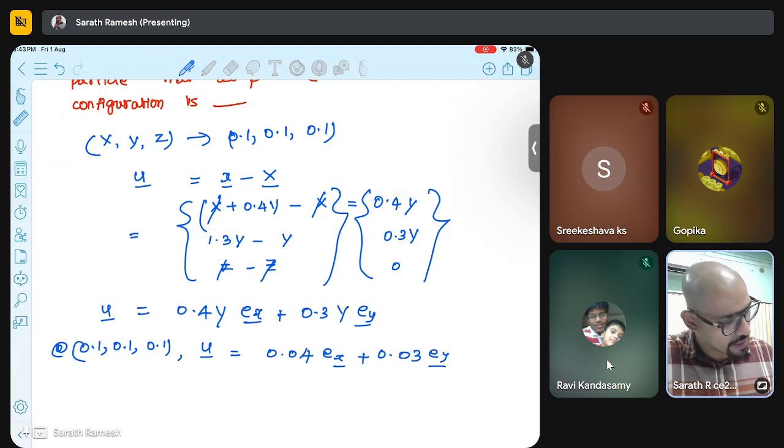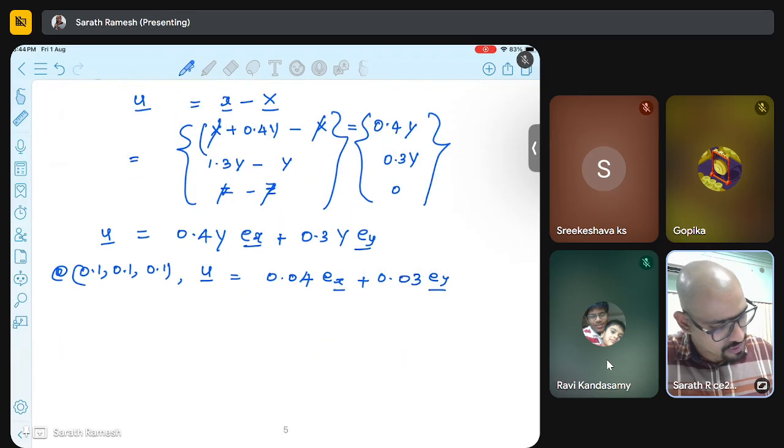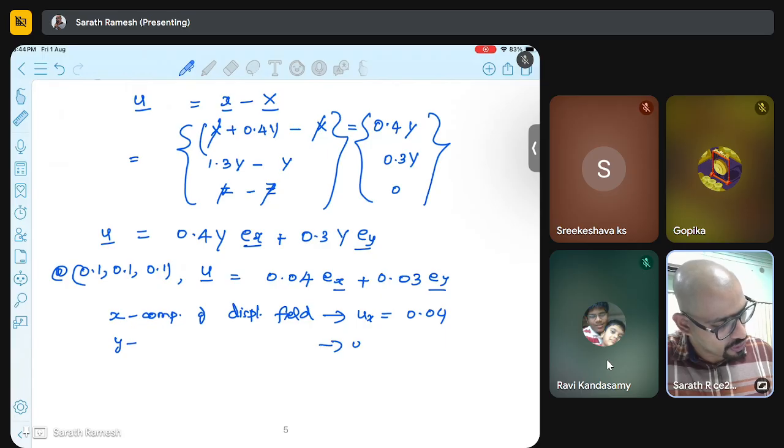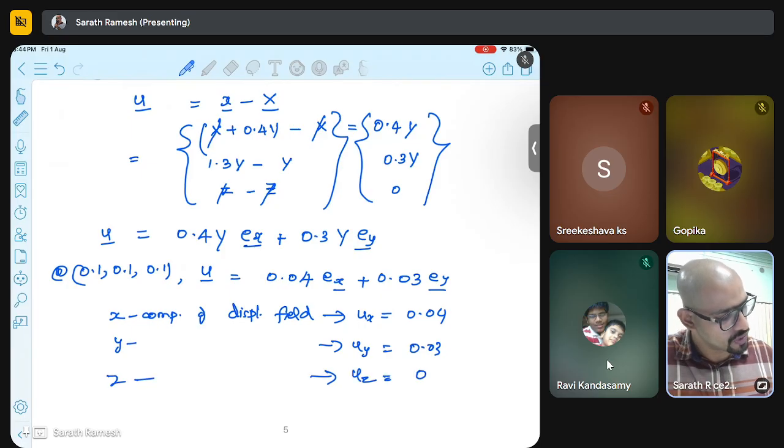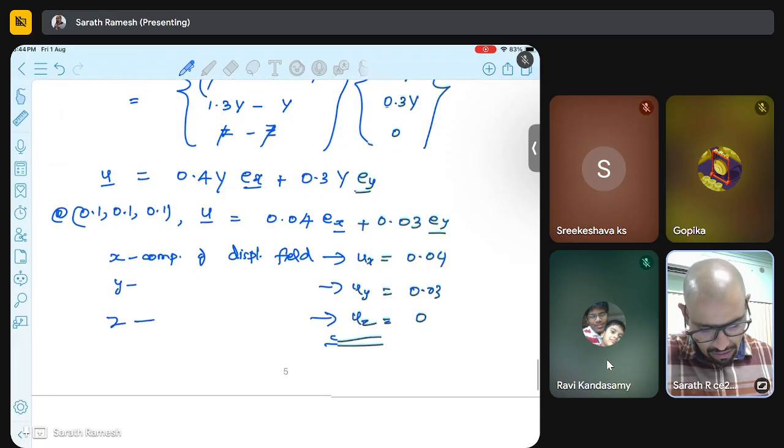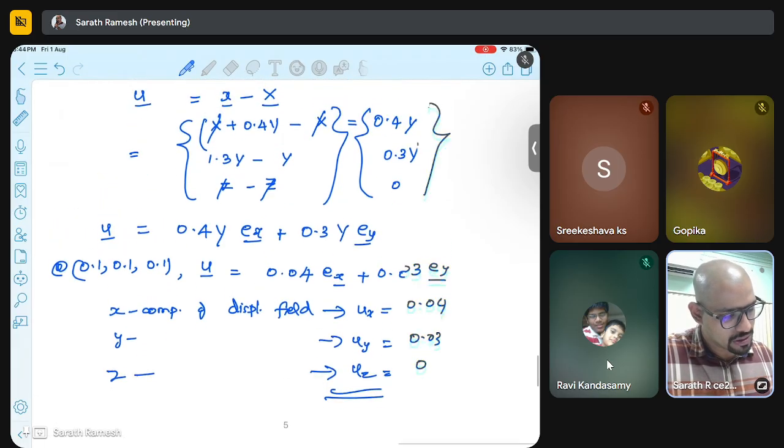So the x component of the displacement field, they are asking three subdivisions: ux is 0.04, y component uy is 0.03, and z component is 0. Okay, done. So this is the problem.